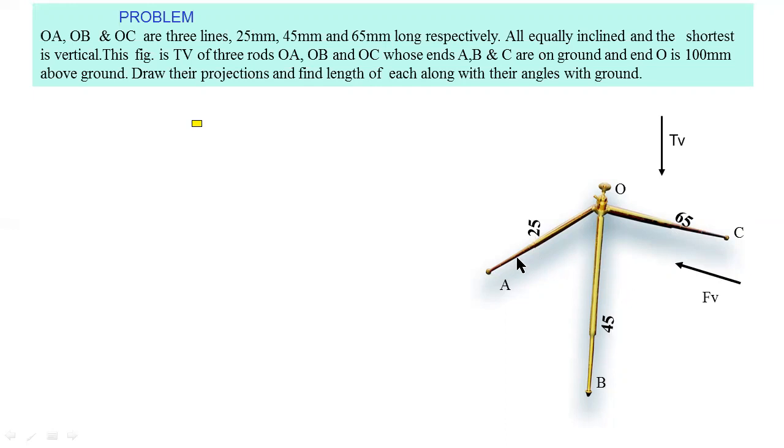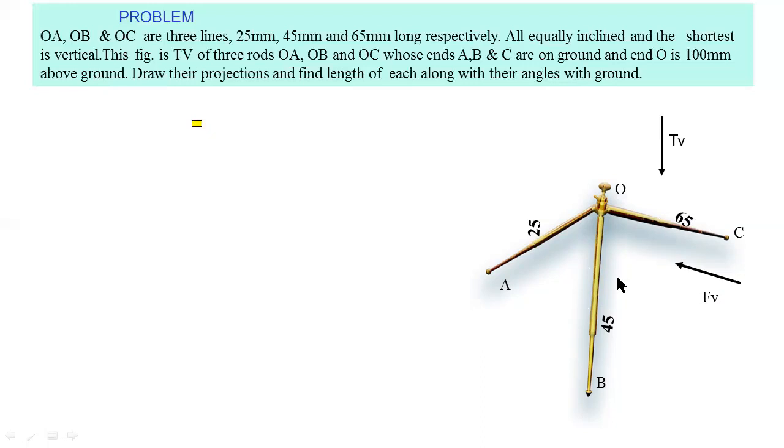We have to find the original length of OA, OB, OC. In this question, the lengths of OA, OB, OC are given, so 25, 45, and 65 mm are given, and these are reduced lengths. So all equally inclined, and the shortest is vertical.